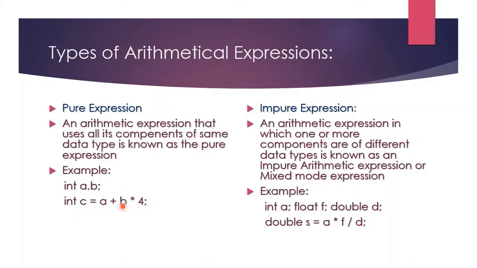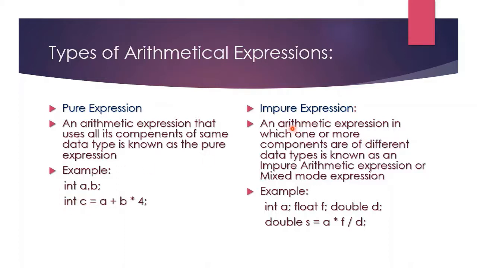Here a and b are of the same data type, so the result will also be an integer. So in order to hold an integer result, we have taken c, to store the result of this expression, as an integer type variable.